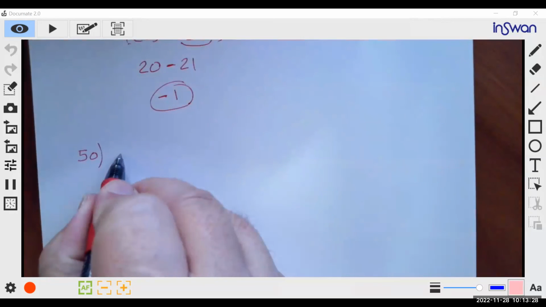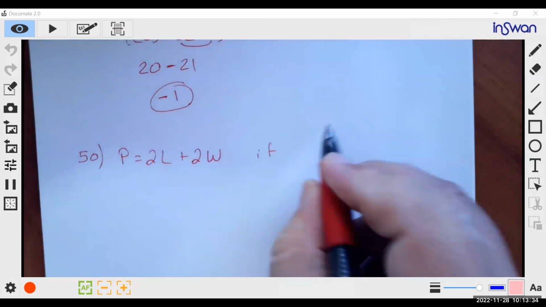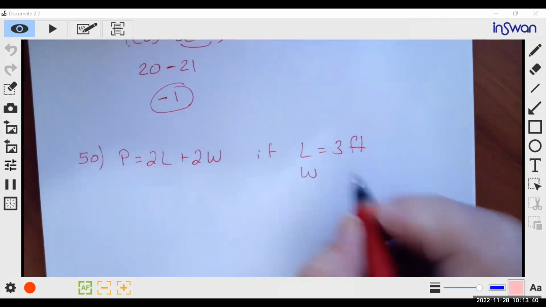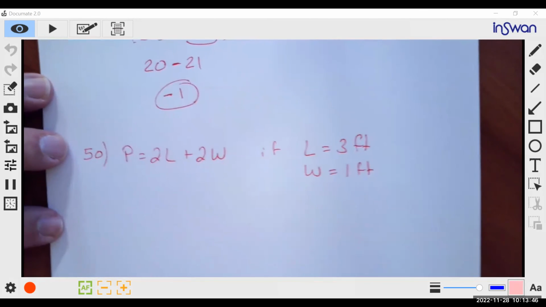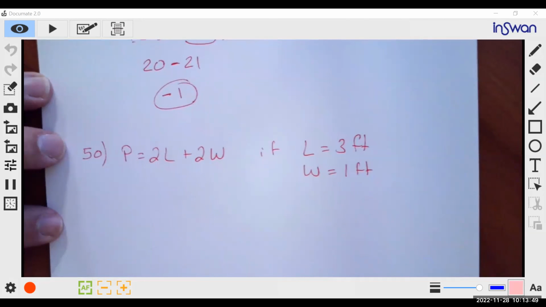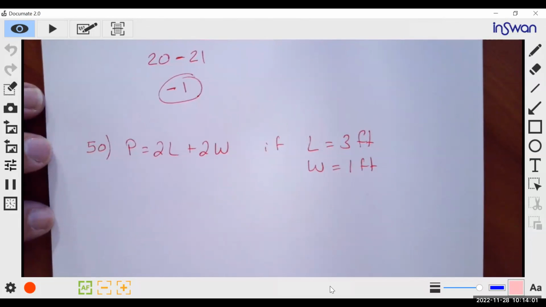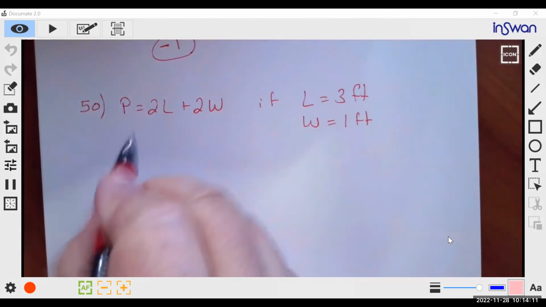All right. P equals 2L plus 2W. If L is 3 feet and W is 1 foot, find P. Just plug and play.